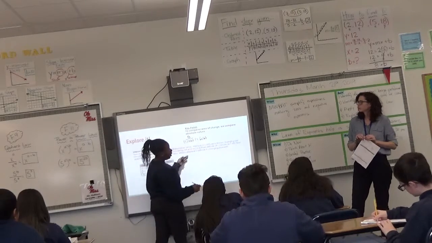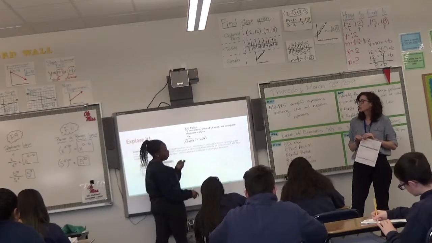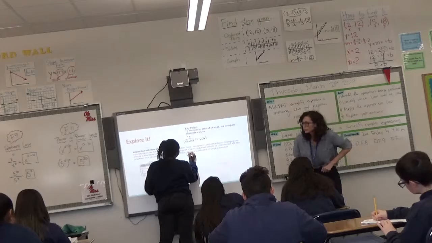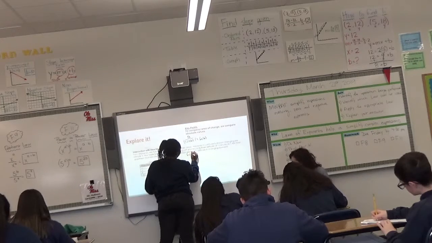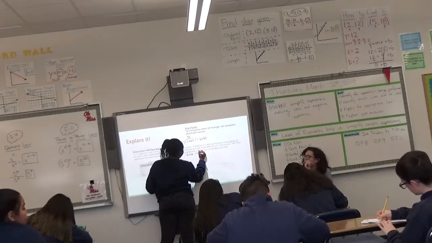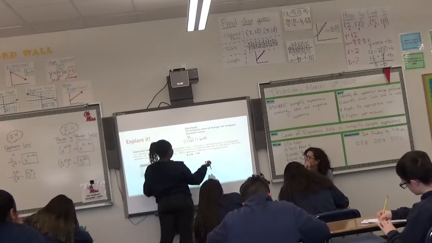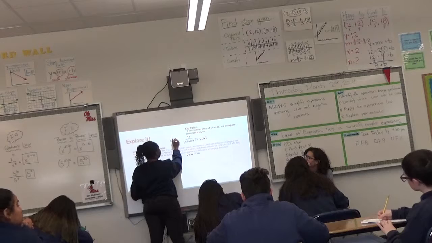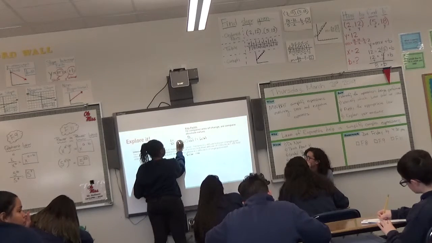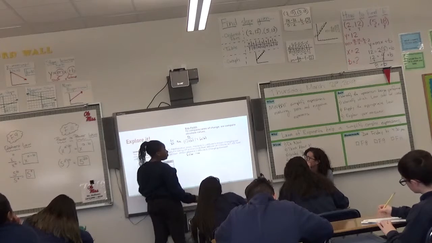Do I have to explain? You can talk as you're writing. That'd be great. Okay, so 6,050 minus 1,450. You already know Mr. Halfaker does change over Y and change over X equals slope.